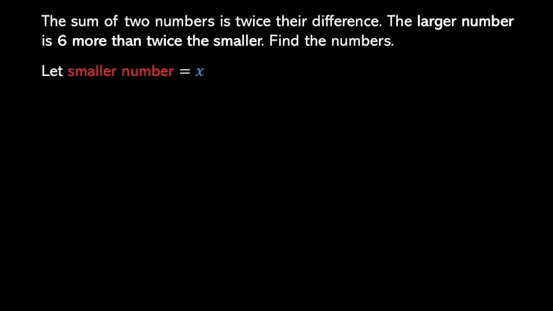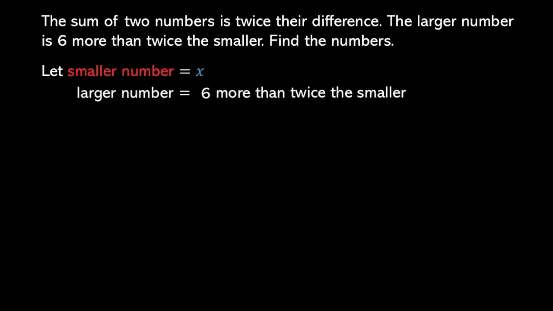Also, the problem states that the larger number is 6 more than twice the smaller. Then we can write the larger number as 6 plus 2 times the smaller number. But since we represent the smaller number with x, then we write the larger number as 6 plus 2x.